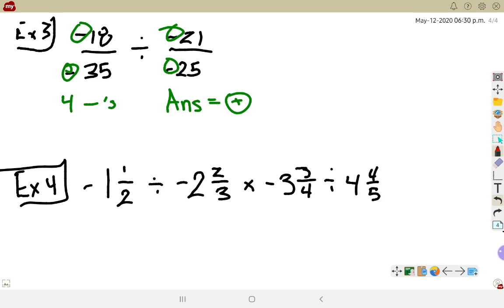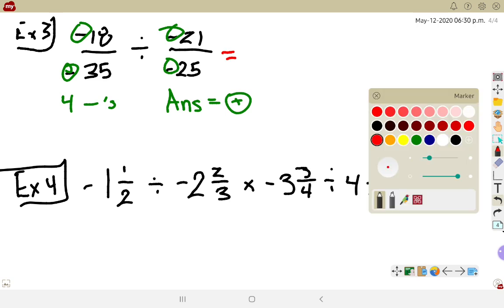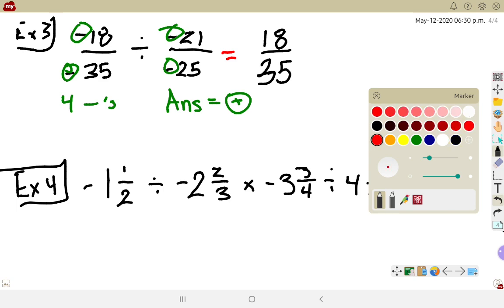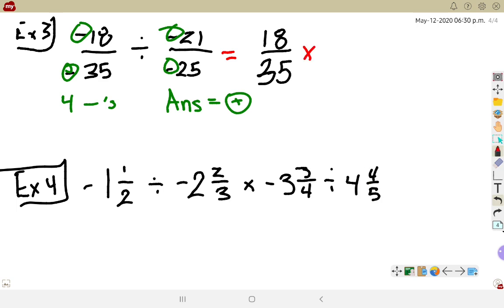Okay, alright, so I got to get rid of my division. So I still keep that first fraction the same, 18 over 35, but instead of dividing, I want to switch to multiplying, and then I have to take the reciprocal of that second fraction.